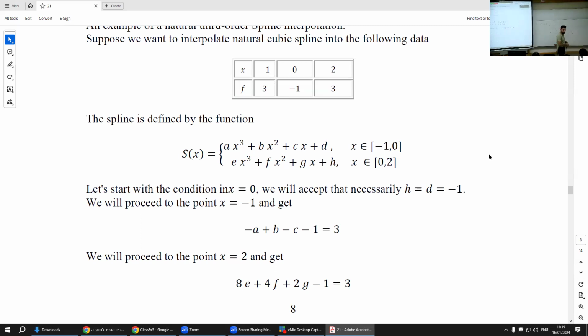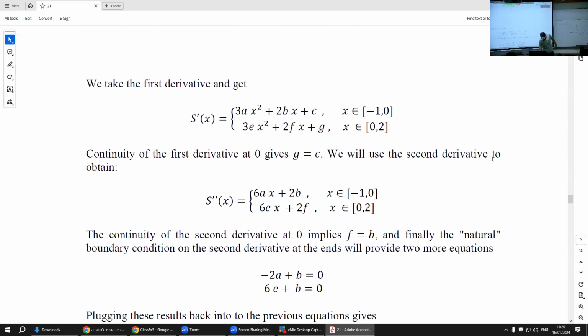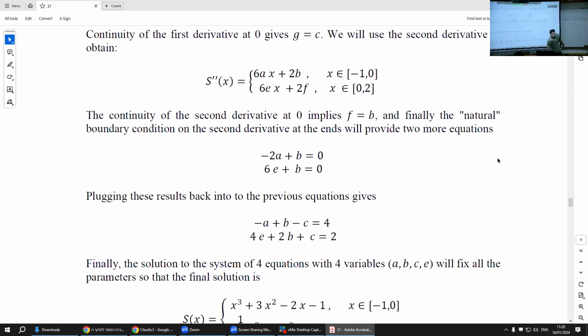That's also easy, because that means G equals C, since we plug in 0 for x. And if I want the second derivative also to be continuous, that means F equals B. And we have another 2 conditions, the second derivative here and the second derivative here.